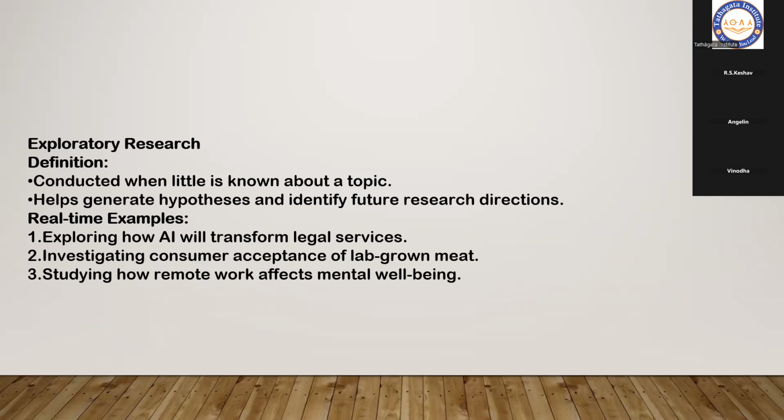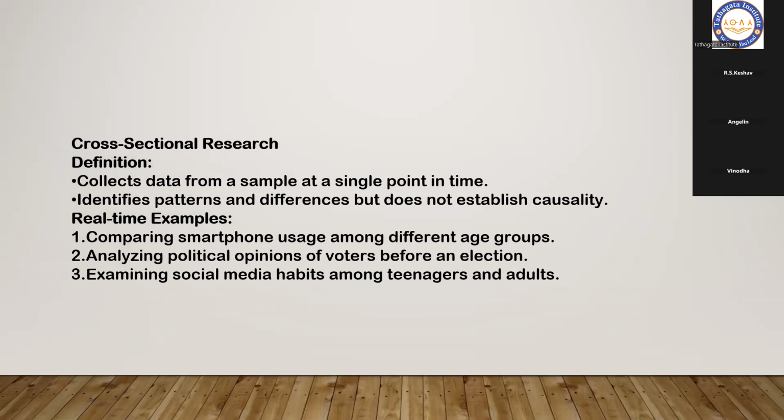Would it be accepted? In these cases, very little is known about whatever is being researched. Studying how remote work affects mental well-being, work from home, how it affects. This is exploratory research.